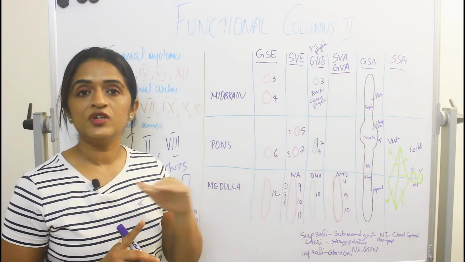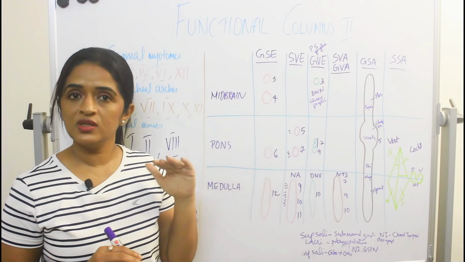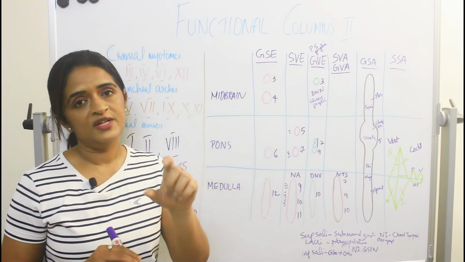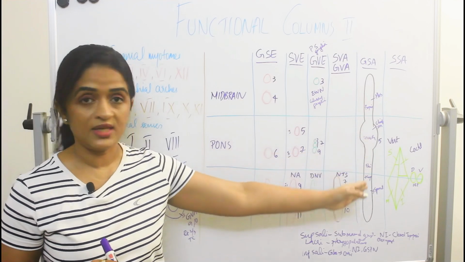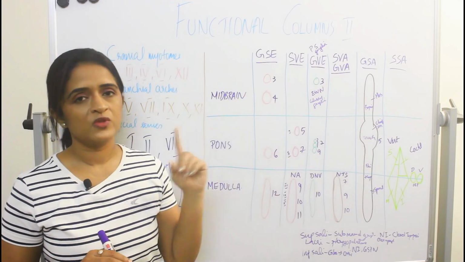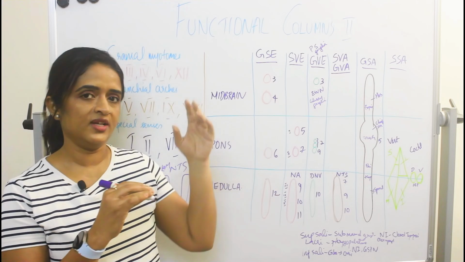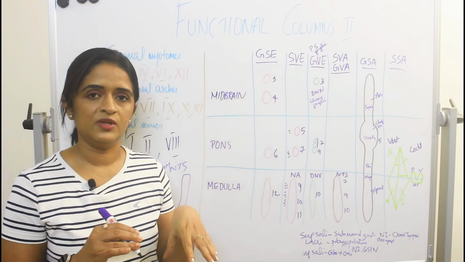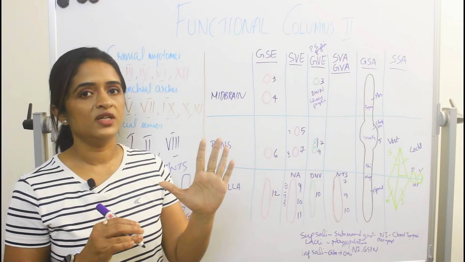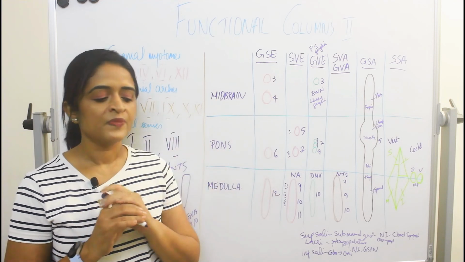That means if you take a section in the midbrain, in the pons, or in the medulla, you will get a bit of the trigeminal nucleus. So the trigeminal nucleus extends throughout the brainstem, apart from the 3, 4 in the midbrain, 5, 6, 7, 8 in the pons, 9, 10, 11, 12 in the medulla. That also you have to remember.